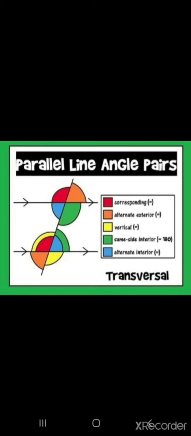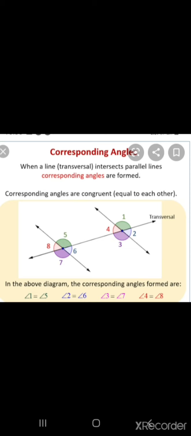If a transversal intersects two lines, some pairs of angles are formed. Those pairs of angles we are going to study. First pair, corresponding angles. What is meant by corresponding angles? Corresponding angles means angles formed in similar position.